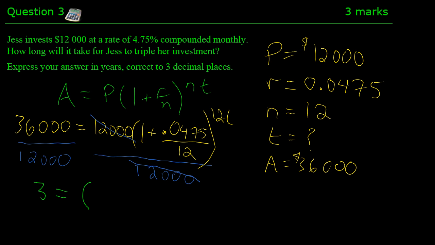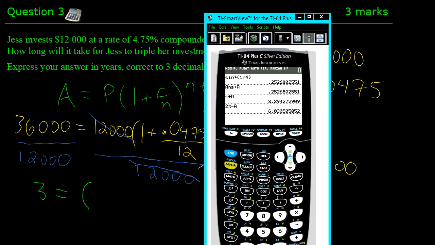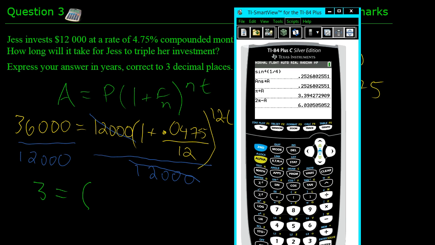Now to do the other part, I'm going to use my calculator. So I want to make sure I go brackets, and I'll do the division first. So I'm going to clear this out from the last problem there. 0.0475 divided by 12 equals that. And then I got to add 1.